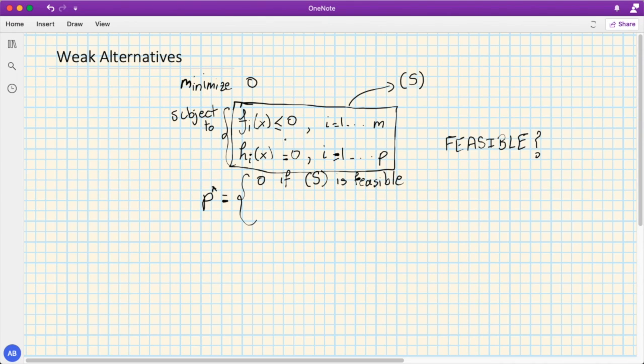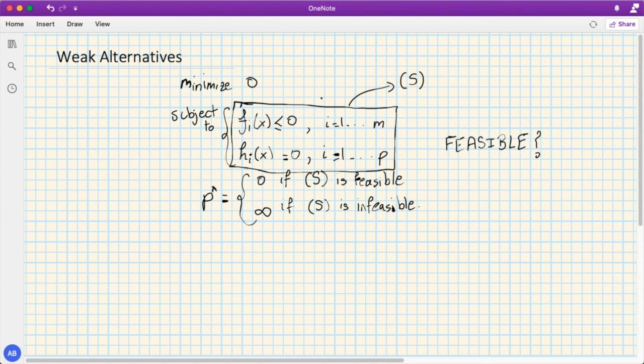Because if it's feasible, then any x would do. So pick one x that is feasible, then you minimize your cost. That is already 0, so p star is 0. Otherwise, it is infinity since we don't have any x that satisfies S. So infinity if S is infeasible, right?